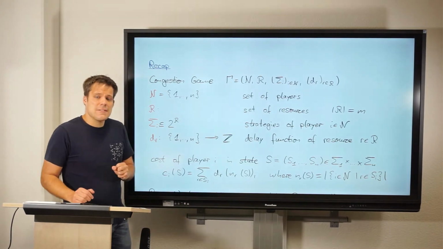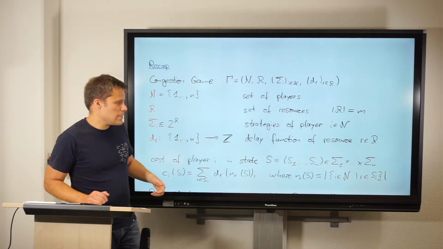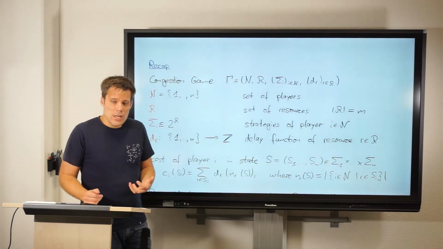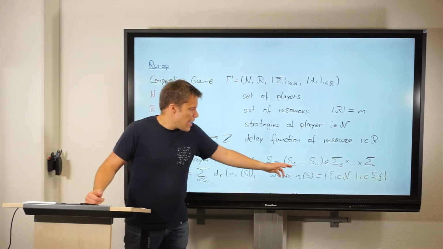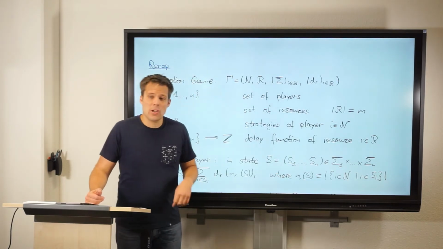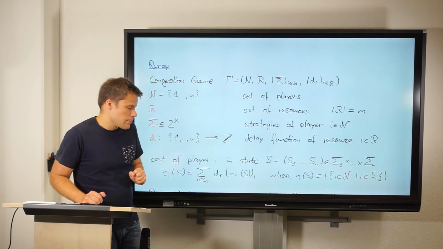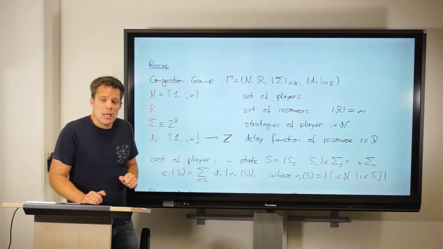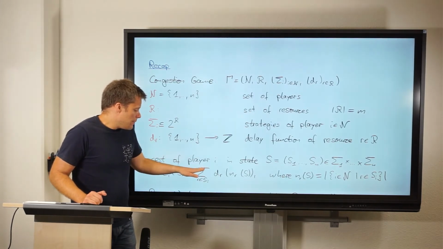And this lets us define the cost of player i in a state. What is a state? A state is just a choice of a strategy for every player. So this is a vector of n strategies coming from the Cartesian product of all strategy spaces. And what is now the cost of a player in such a state? Well, it is defined as follows.